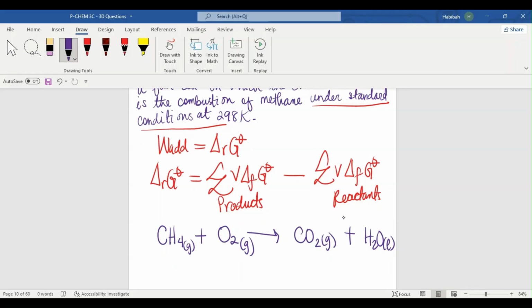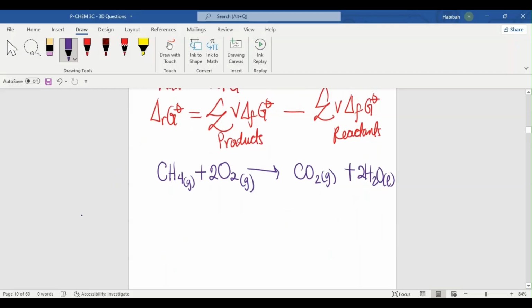When we balance it, we've already balanced the carbon, but we have to balance the hydrogen and the oxygen. So this is the balanced chemical equation. From this information, we can start working. First, we organize this reaction according to the formula up top, where we focus on the Gibbs energy of reaction.